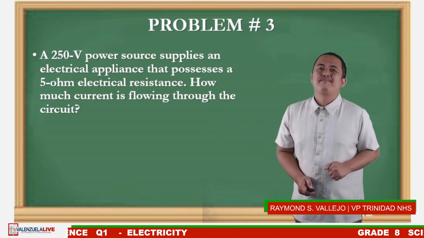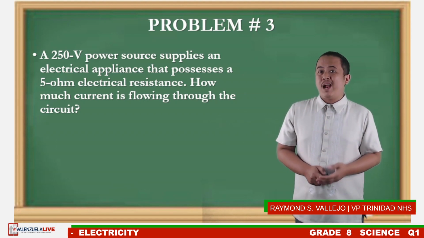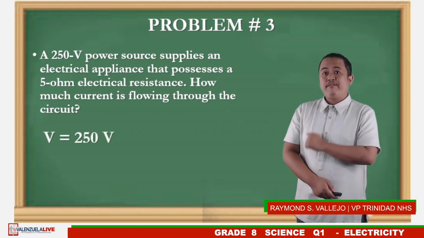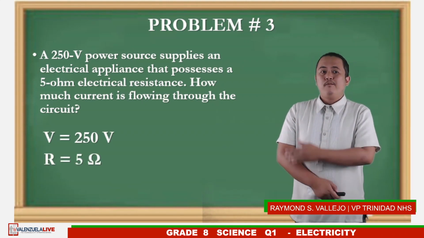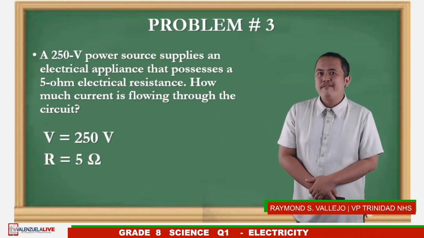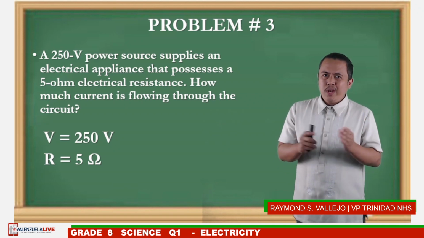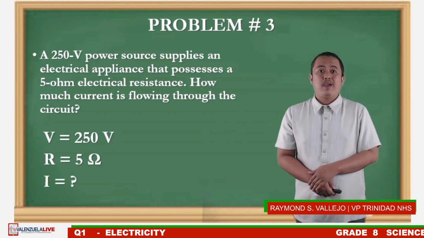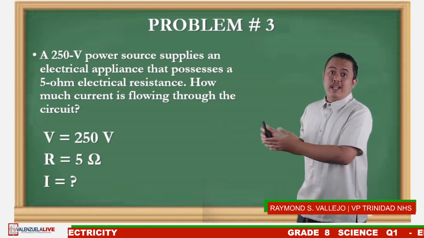Okay, time's up. Let me show you the list of quantities first. So we have voltage equals 250 volts, while resistance equals 5 ohms. The value to be computed is current.